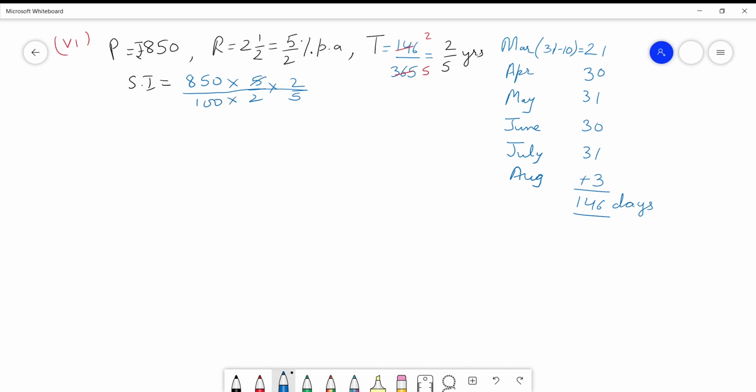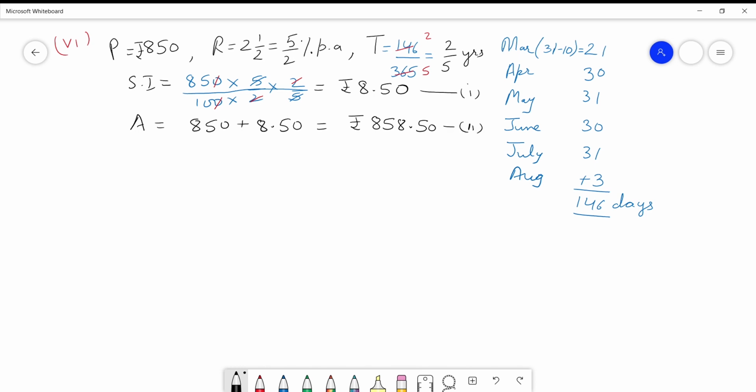So this 5 will be cut with this 5, 2 we will cut with the 2, 0 with 0. Now you find it that 85 by 10, so one decimal will be there. So it will be 8 rupees 50 paisa and the amount will be 850 plus 8.50. So my amount will be 858.50. This is my simple interest and this is my amount.